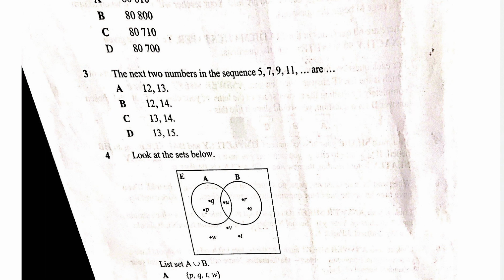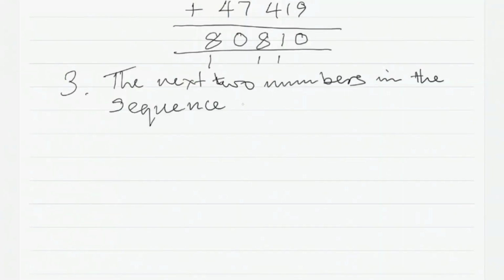That is, the next two numbers in the sequence, that is 5, 7, 9, 11, are.